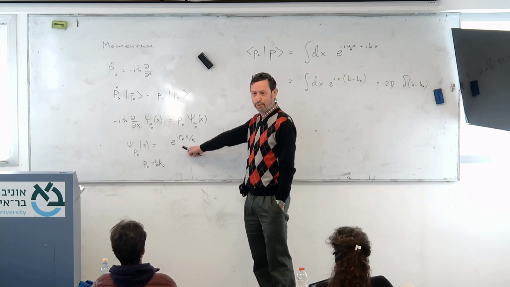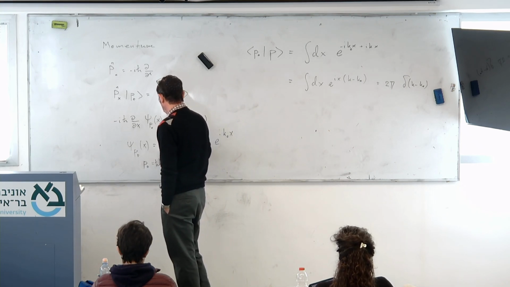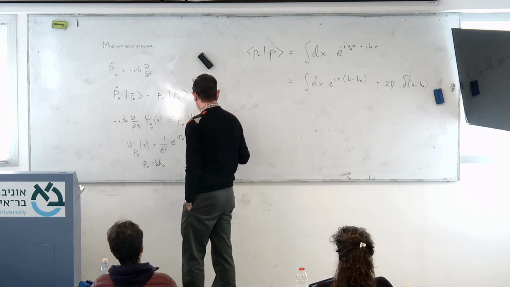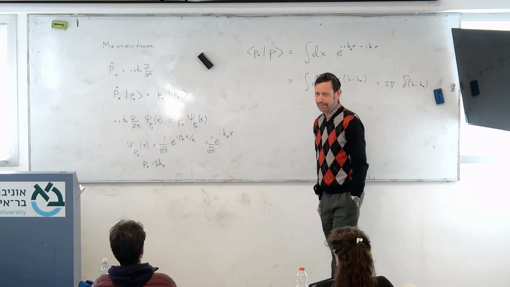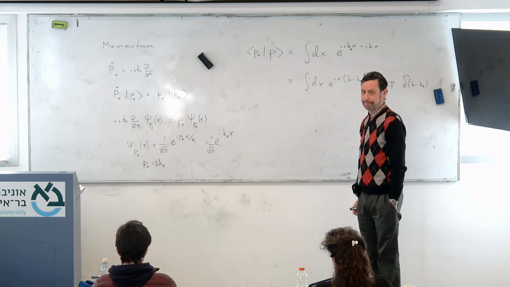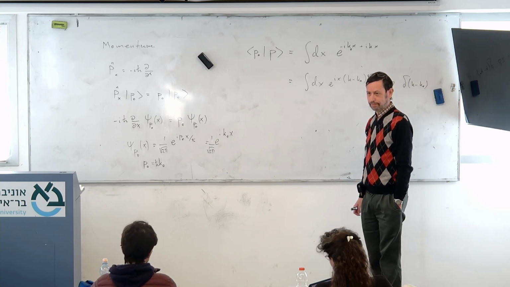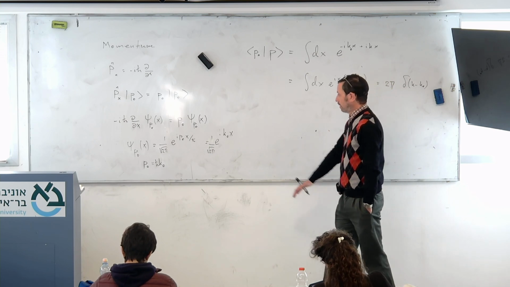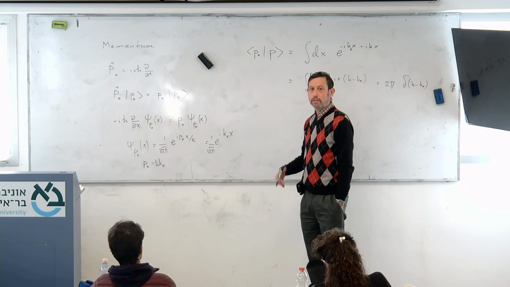I had no normalization here. It's called the Dirac normalization, in order to get 1 here. Again, this eigenvector is not in the Hilbert space.